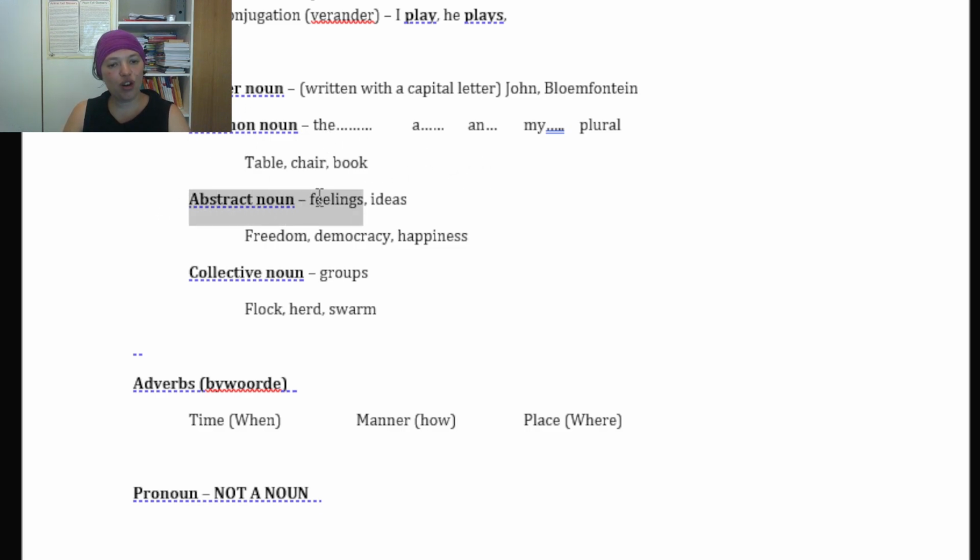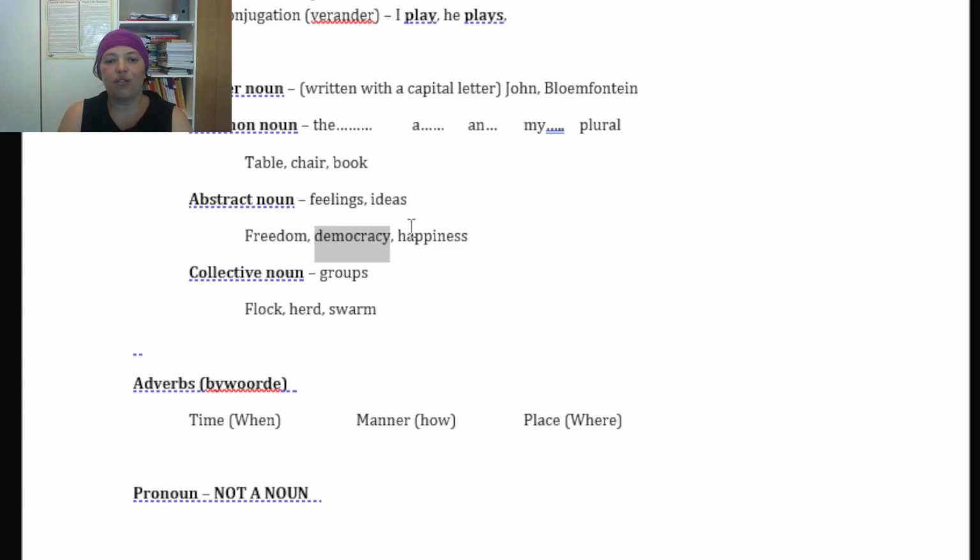And then an abstract noun. These ones are usually the tricky ones, but they're not very common, so you don't see them as often as common nouns. They are feelings or ideas. Here's a couple of examples. Freedom, democracy.